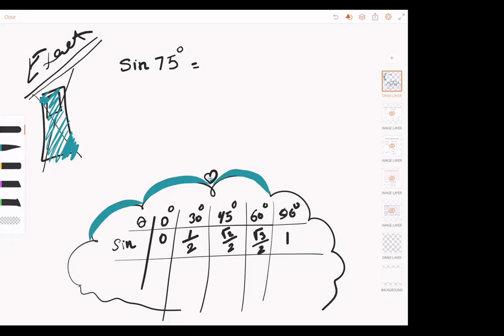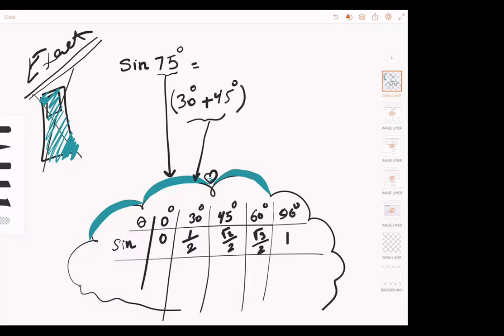So 75 degrees is not listed on your table, but you know 75 comes from 30 degrees plus 45 degrees, which are both part of your table or the unit circle. So then you will use one of the formulas that you have in your note sheet.